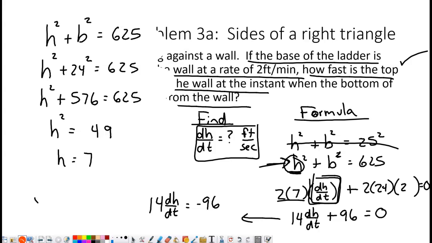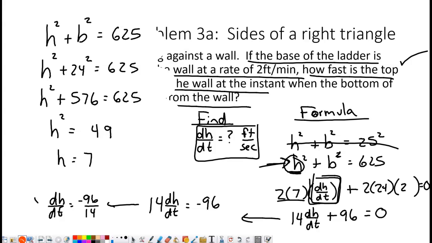And then I'll divide both sides by 14, which will give me this. And I'm going to go ahead and use my calculator to simplify that. 96 divided by 14. It's a pretty weird looking answer.